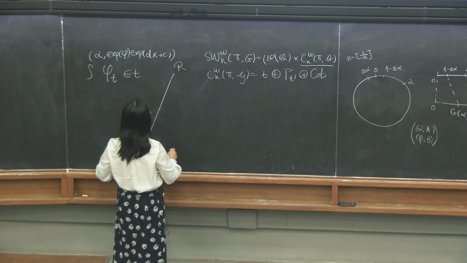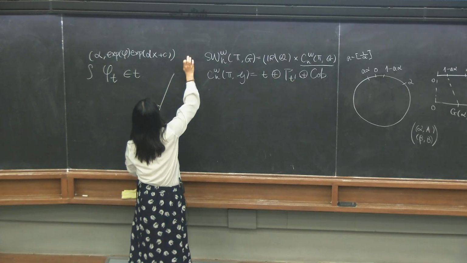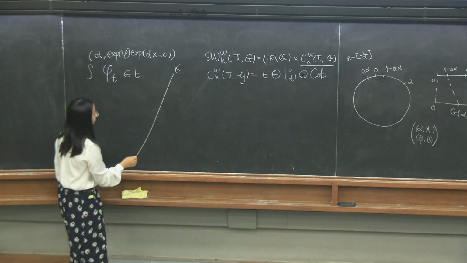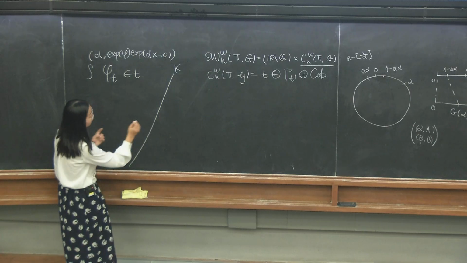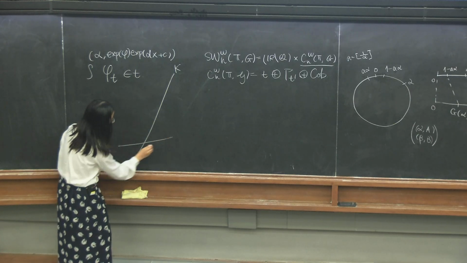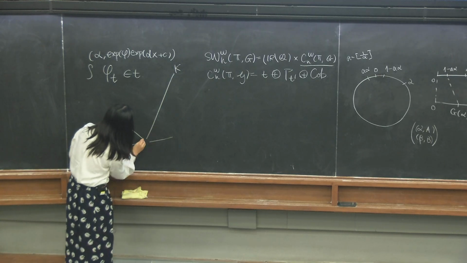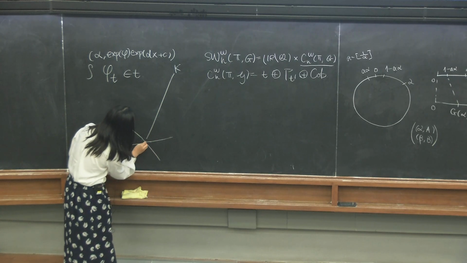Let's draw the renormalization, and this line represents the hyperbolic set K. Then to decompose it, to talk about the hyperbolicity.